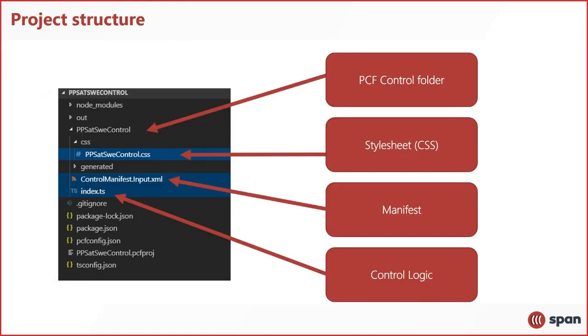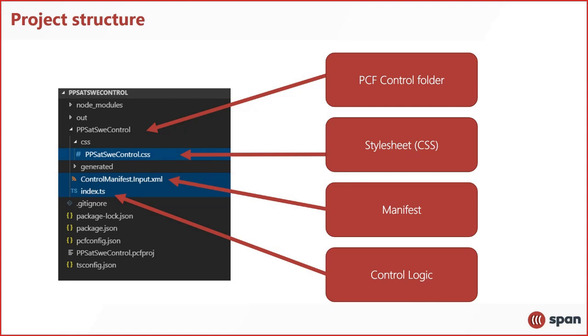So the basic project structure is that you have a root control folder that will contain two main parts: the control manifest file, and index.ts that holds all the business logic. Additionally, you can have as many folders as you like for additional resources like style sheets.